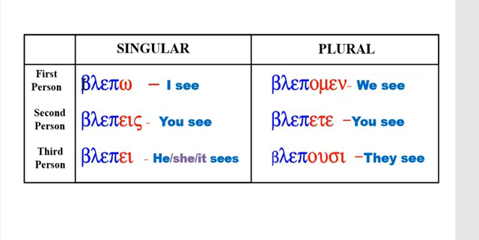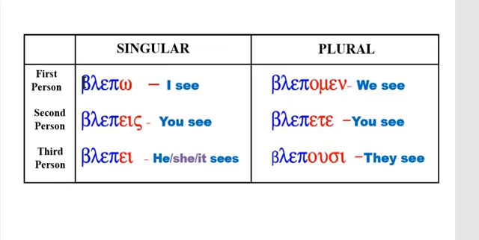One of them was blepo. Blepo means I see. So we studied many verbs ending in this omega or o sound, like ginosko, grafo, lembano, balo, and many others ending in this o sound.